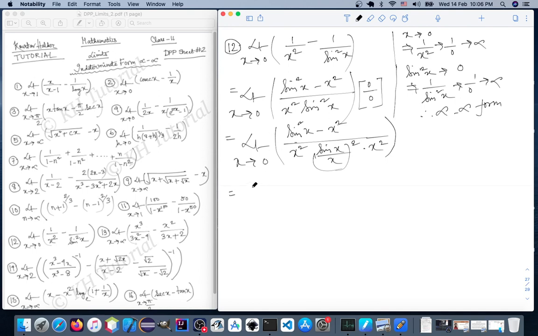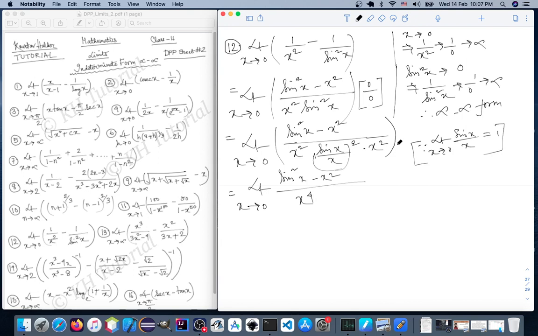And we get sine square x minus x square by x to the power 4. We have applied the standard result sin x by x equals 1 when x tends to 0.